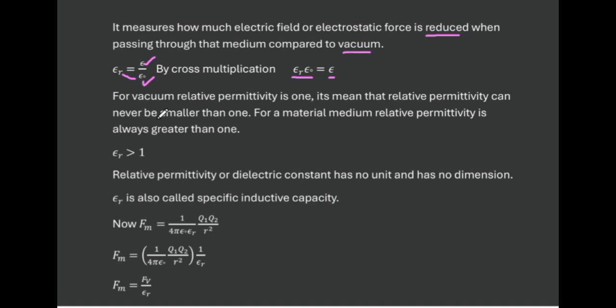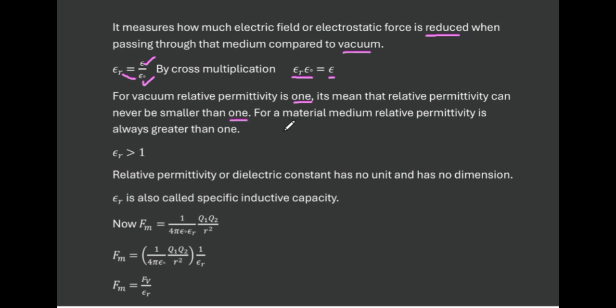For vacuum, relative permittivity is equal to 1. For vacuum or free space, the relative permittivity must be equal to 1. It means that relative permittivity can never be smaller than 1.